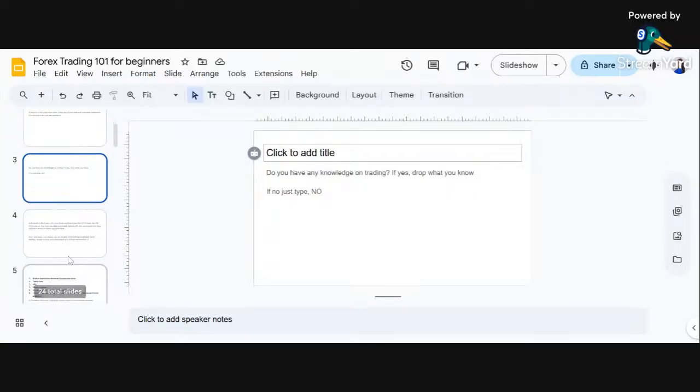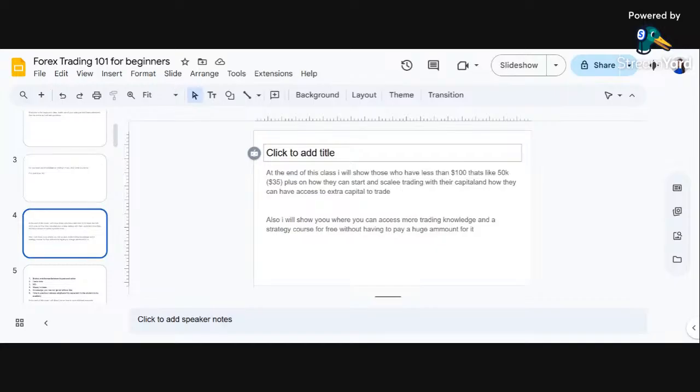At the end of the class, I will show those who have $100 or 50,000 naira how they can start and scale trading with their capital. A lot of things that have been hindering traders is that they have very limited capital, they don't know how to use it, and they don't know how to grow it.